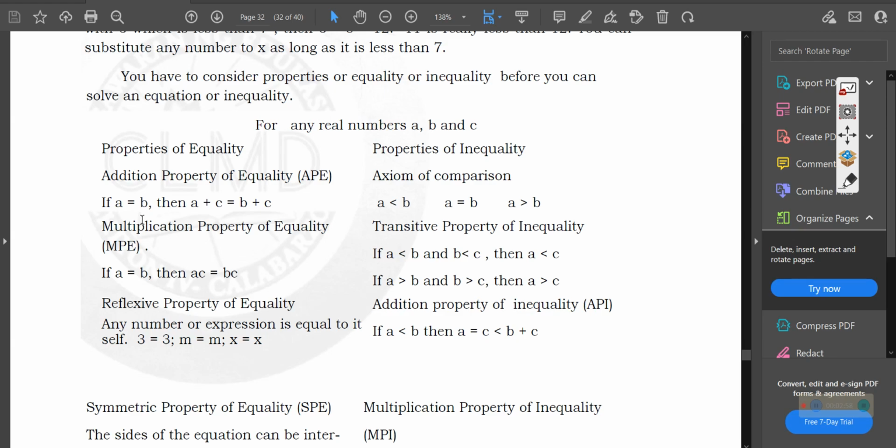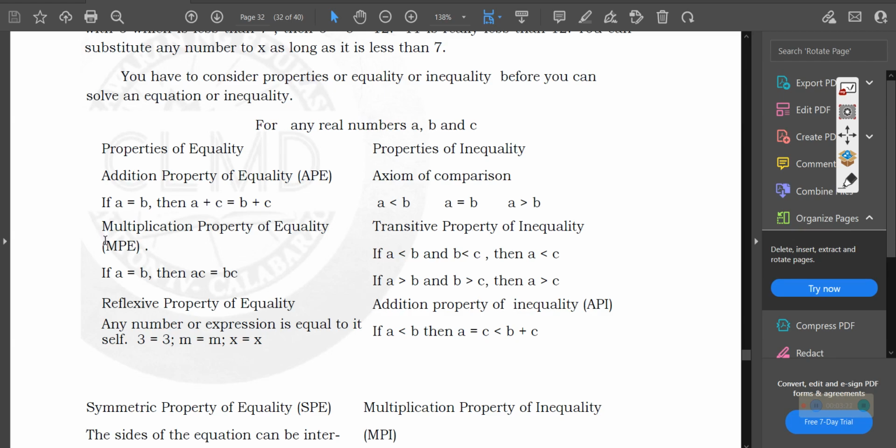Okay, equal pa rin kapag dinagdagan natin ng parehas na value. Okay? So, kahit po negative yung idagdag natin, di ba kapag nag-a-add tayo ng negative, nagsusubtract tayo. So, meaning, kahit mag-subtract tayo, same pa rin po yung equation, or balance pa rin po yung equation natin. Okay?